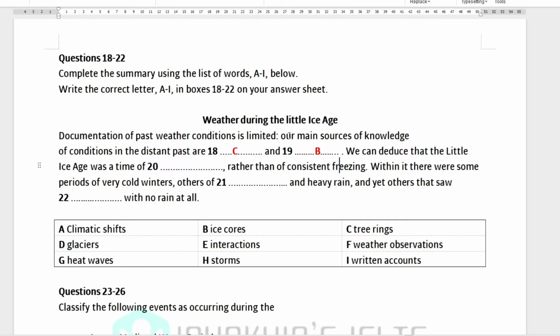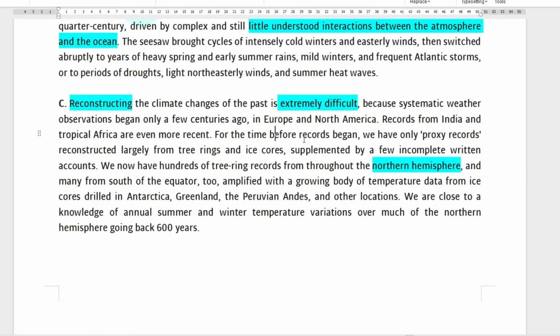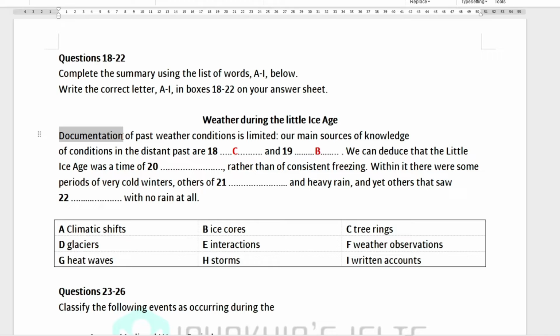Okay, and then our main sources of knowledge of conditions in the distant past are, so for the time before records began, we have only proxy records reconstructed largely from tree rings and supplemented by few incomplete written accounts. So we have written accounts as a synonym for documentation. We have to know that. And then we can deduce, means conclude, that the Little Ice Age was a time of, so time of what?